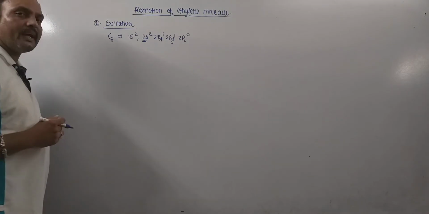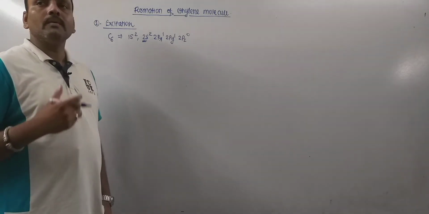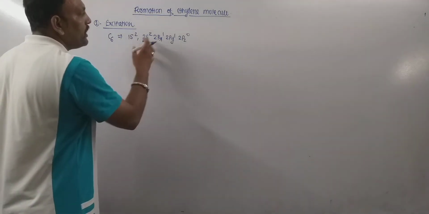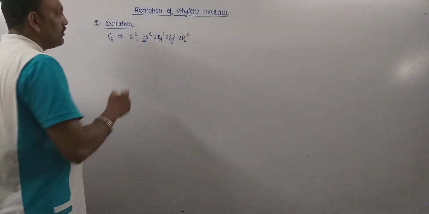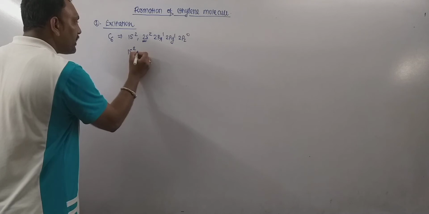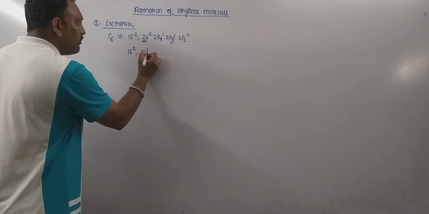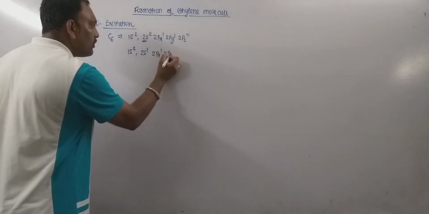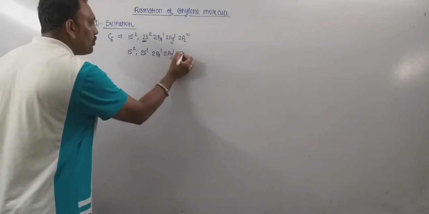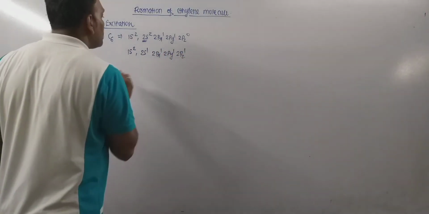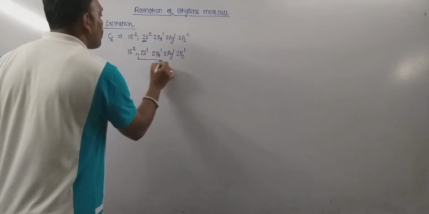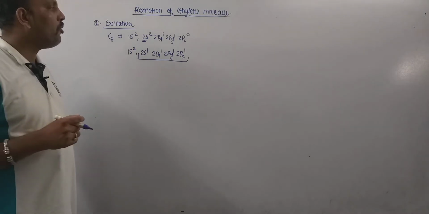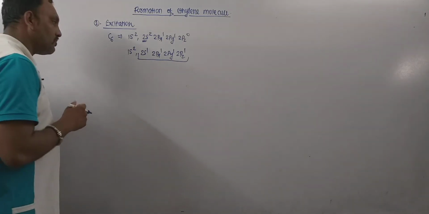So by absorbing energy it promotes an electron from 2s orbital to the vacant 2pz orbital. So the excited state electronic configuration of carbon will be 1s2, 2s1, 2px1, 2py1 and 2pz1. In the excited state there are 4 unpaired electrons.